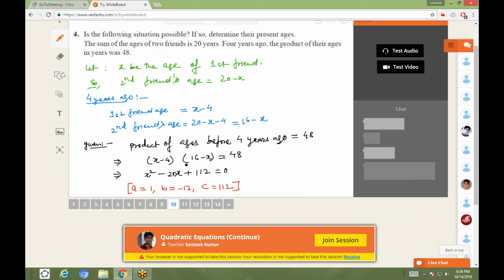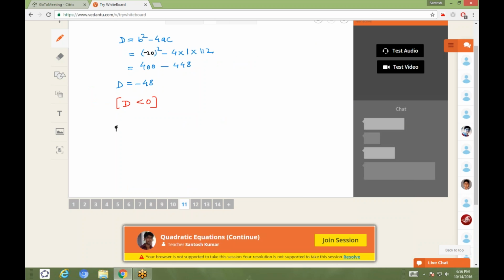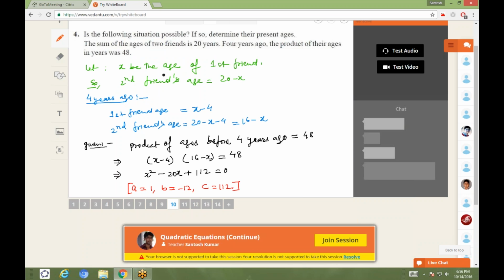So x will have an imaginary value, and we have no real roots. So this situation is not possible. Okay, everyone? Yes, sir. Good.